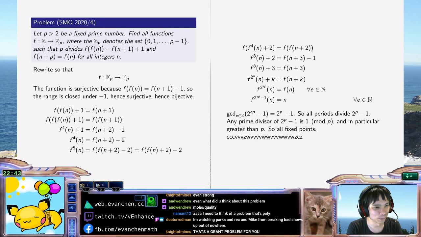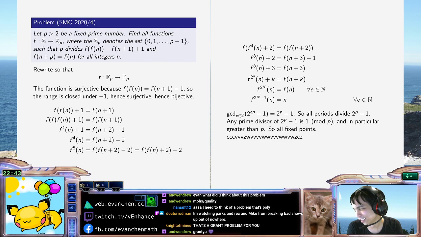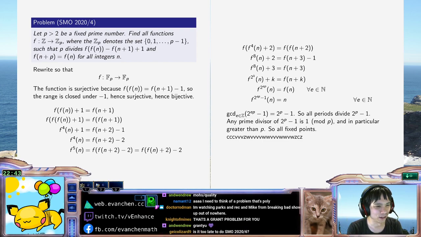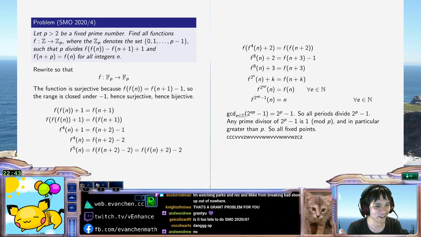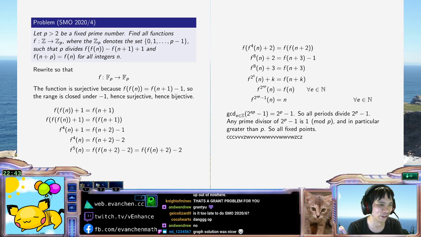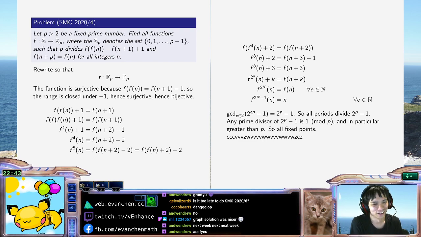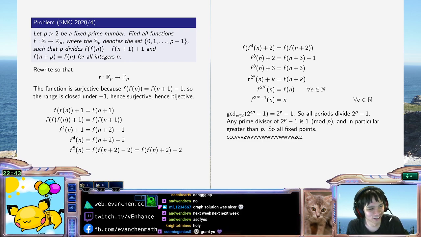This is Grant Yu's problem? My opinion for the quality of this problem is that you should have sent this to TSD. My opinion on difficulty is like, why did you put this as 4? If this is the intended solution, why is this 4?